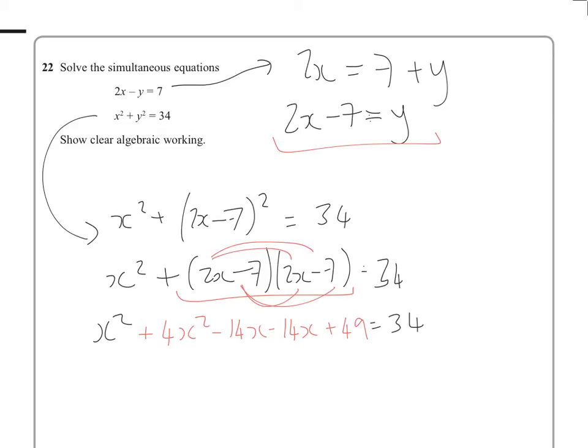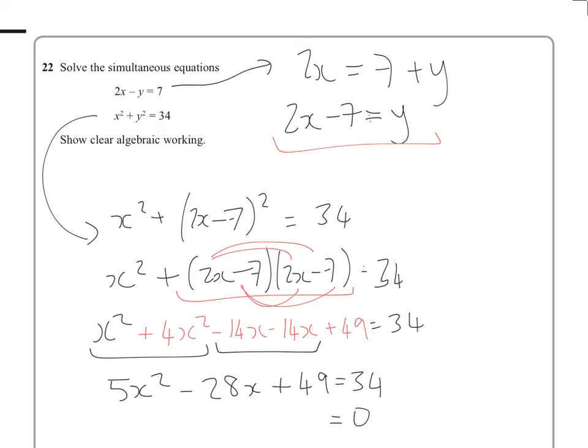Therefore, if we collect like terms, say 5x squared minus 28x plus 49 equals 34, and now make equal to 0. So taking away 34 from each side, so 5x squared minus 28x plus 15.